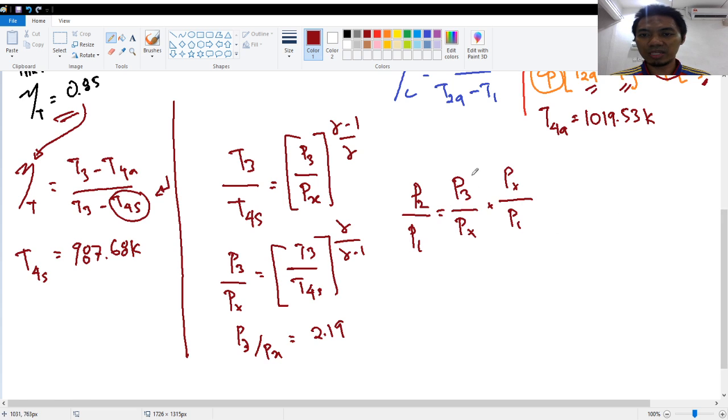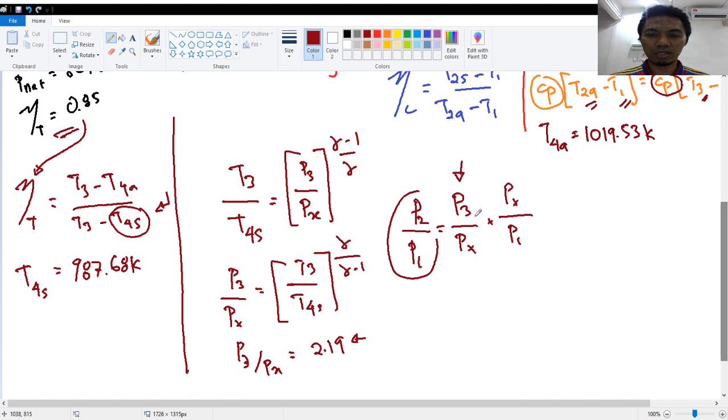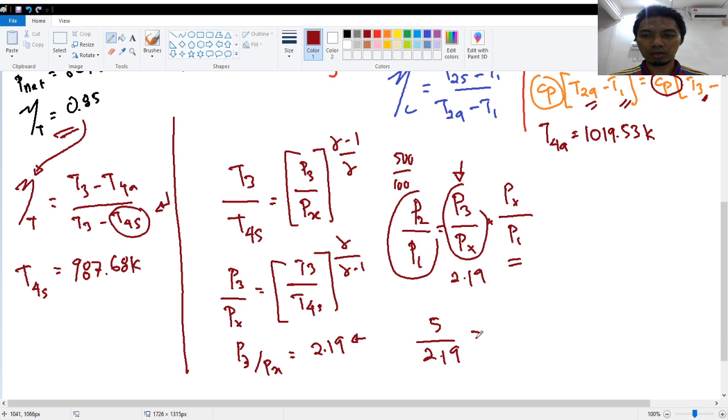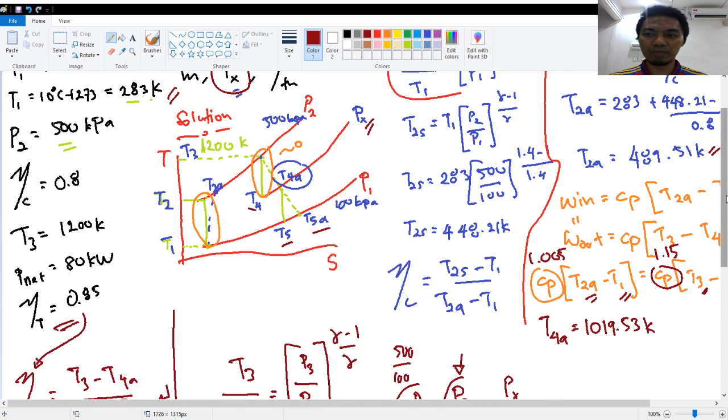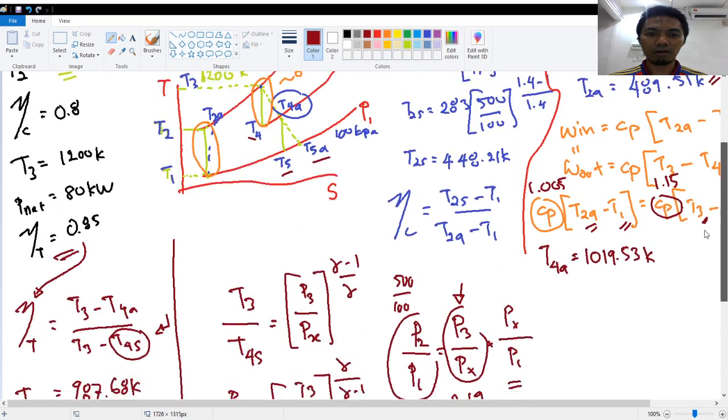Okay, so P3 over Px you already have, and P2 and P1 you already have in the first place. The question gives you 500 divided by 100, which is 5. For this one it is 2.19. And how about this one? It's simply 5 divided by 2.19 equals Px over P1.